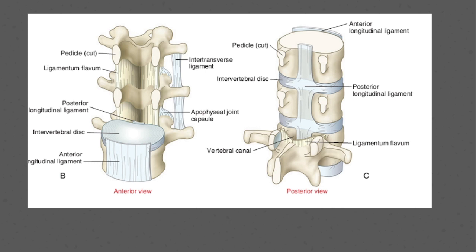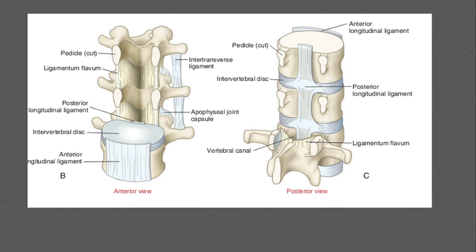Its function limits flexion, reinforces the posterior side of the intervertebral disc, and lies within the vertebral canal just anterior to the spinal cord. So if it has some inflammation, the posterior longitudinal ligament or ligamentum flavum, we will have some stenosis in the vertebral canal.